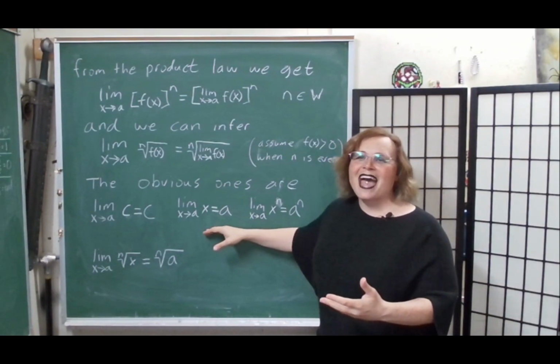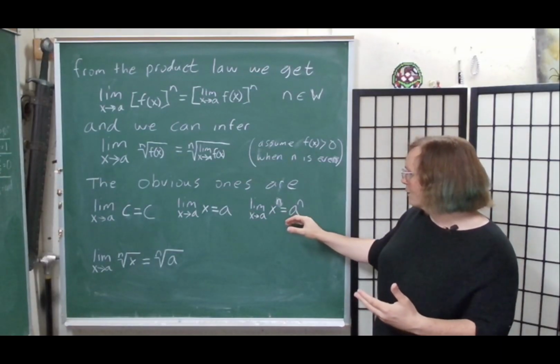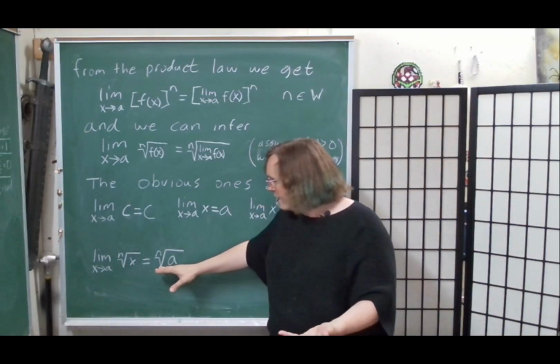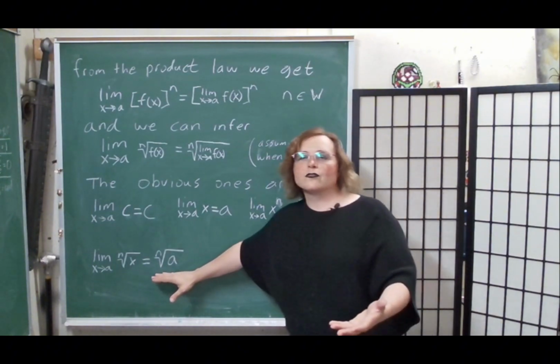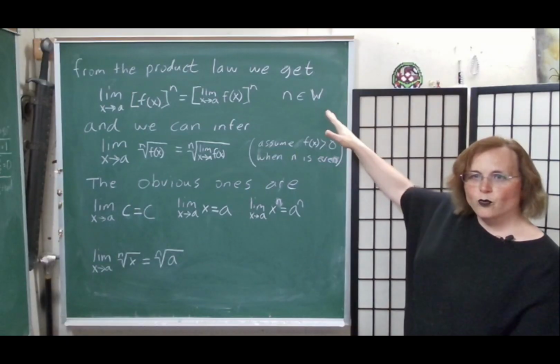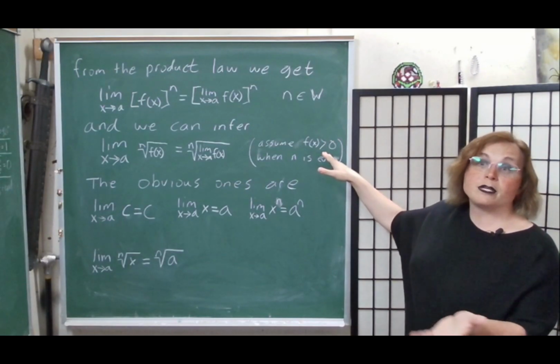And then from that, we can infer, oh, well, if we take the power of that x, then we'll just again replace the x with a. And if we take the root, we'll again replace the x with a. And we'll follow the same rules down here as we did up here. So same n rule and same rule if n is even, where the a would be greater than 0.